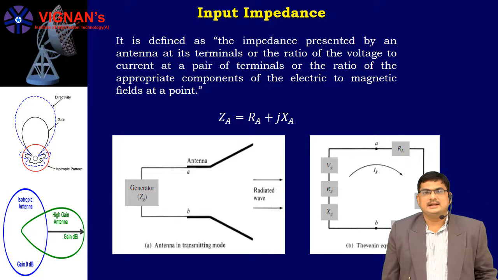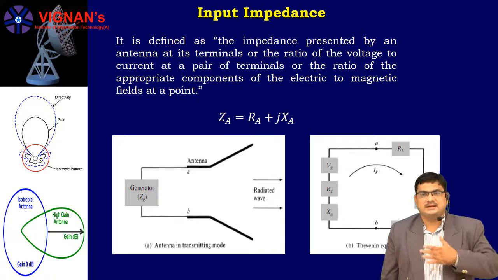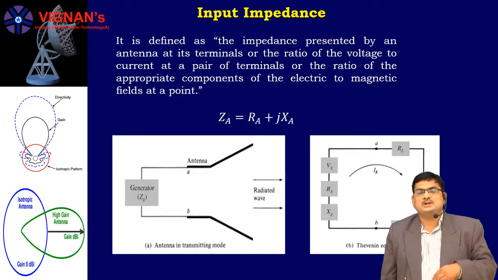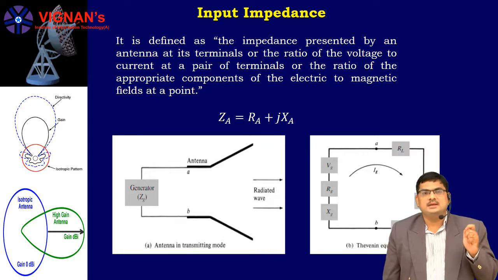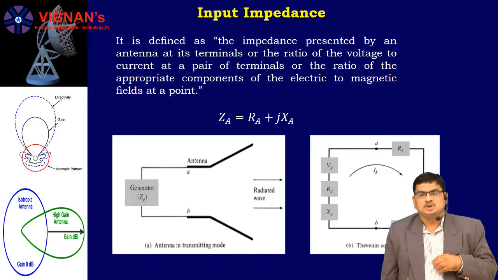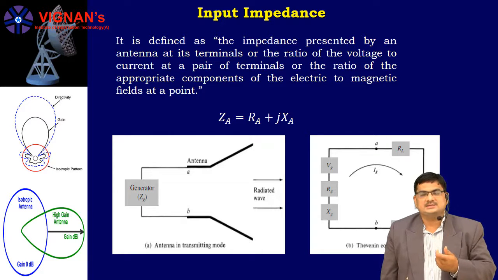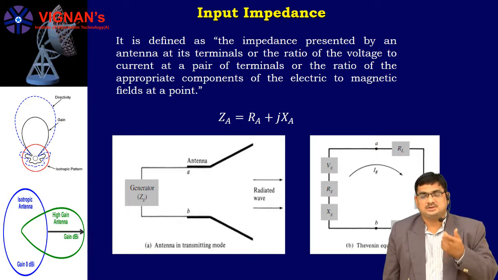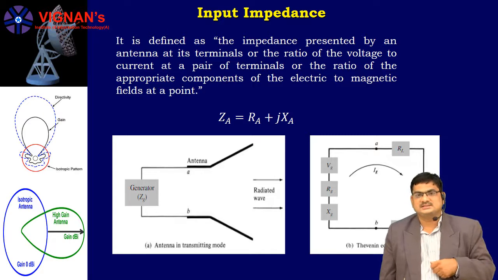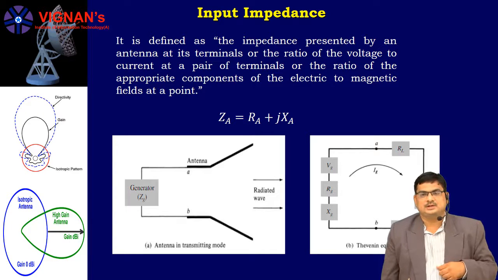At the antenna side, there are two resistances: one is the radiation resistance and the second one is the loss resistance. So ZA is equal to RA plus jXA, that is RA equal to R radiated plus R loss, plus j into XA. This is the reactive term.